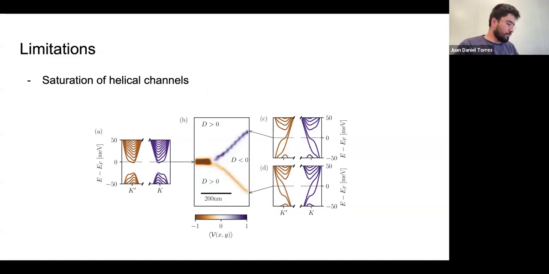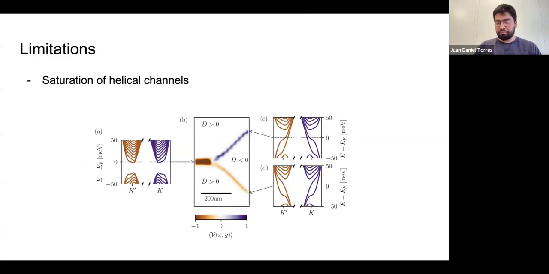However, there are constraints that our device has and limitations that must be taken into account when people want to think about fabricating these devices. The first one is the saturation of the helical channels. That means that because in the chiral channels you only have 2 states per valley, or well, 4, counting the spin degeneracy, that is the maximum number of states that you can detect, and you can only detect differences that are up to that number.